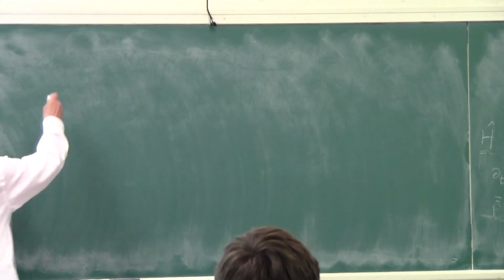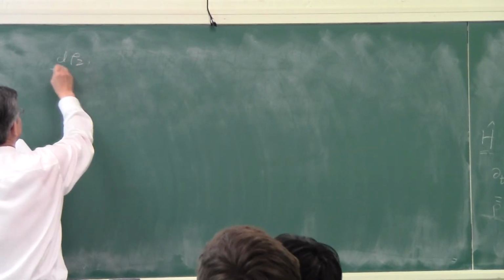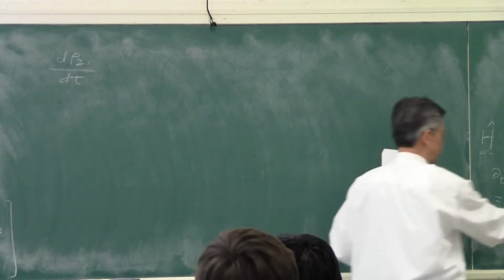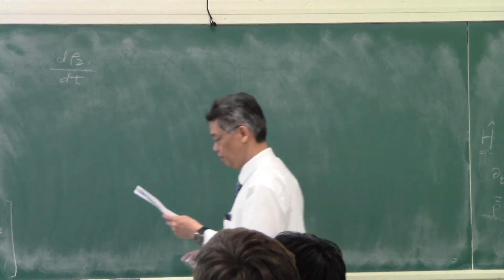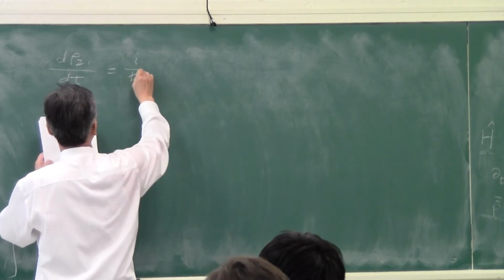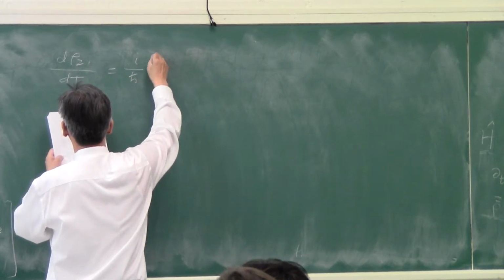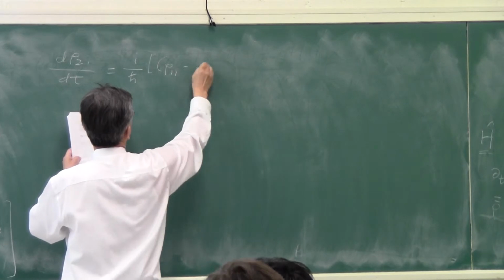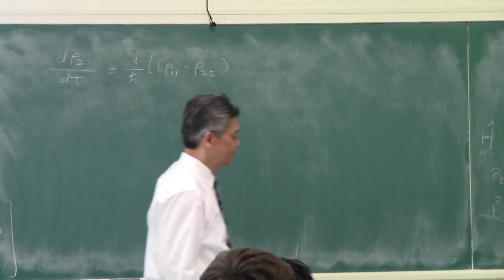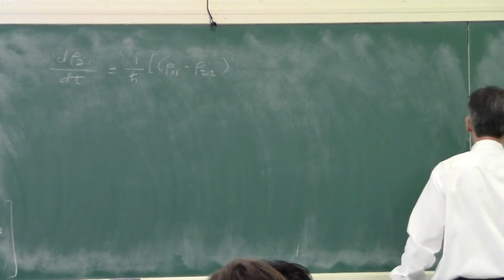If you look at it element by element, you will find that the off-diagonal element, which is the correlation term between the two levels, is proportional to the density difference between the two levels.